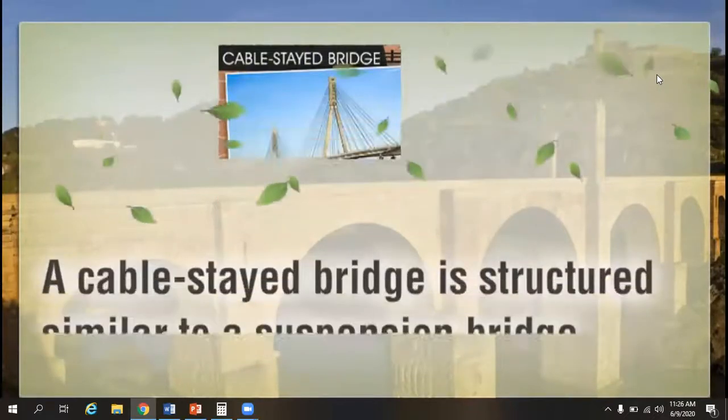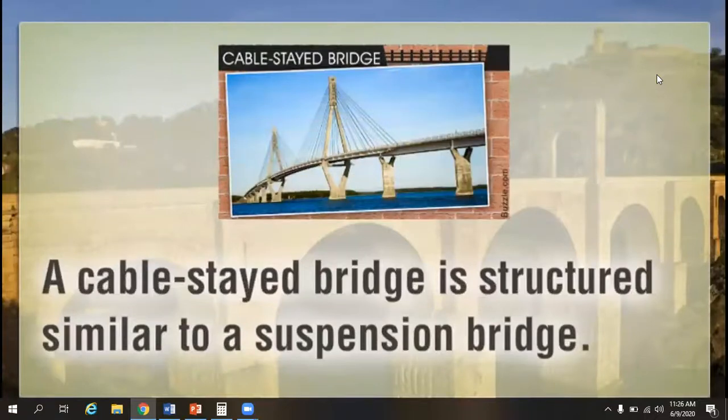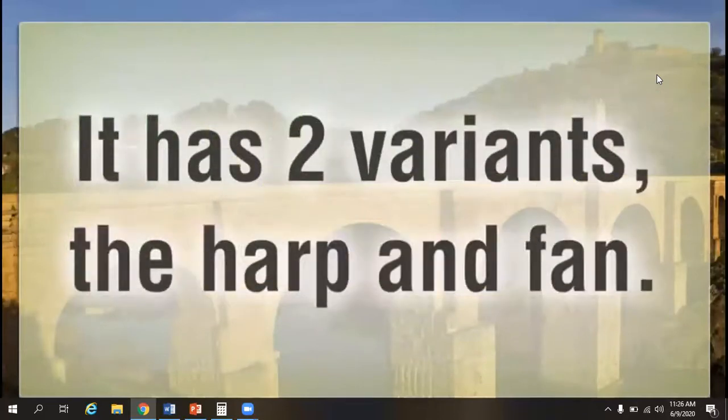A cable-stayed bridge is structured similar to a suspension bridge. The difference lies in the way cables are attached to support the load. In this case, the cables are attached to the towers, which bear the load. It has two variants, the harp and fan. In the harp design, cables are attached to multiple points of the tower in a parallel manner.